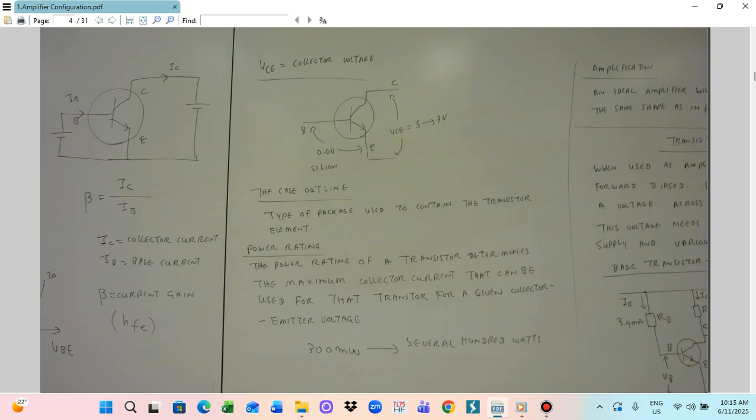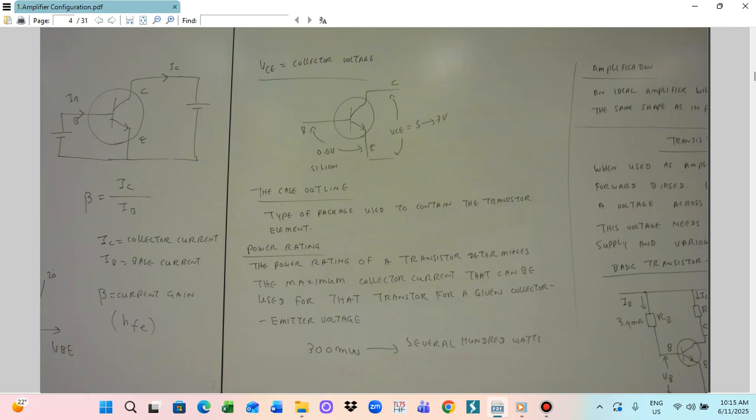For transistors, there are typical voltages. The important one is the voltage VCE, the collector voltage. VCE, when the transistor is saturated, is around 0.2 to 0.7 volts.